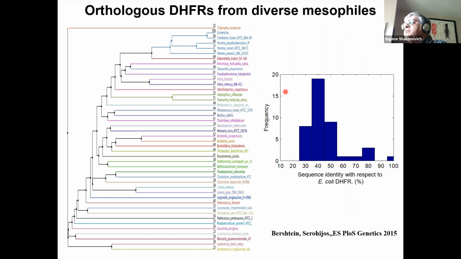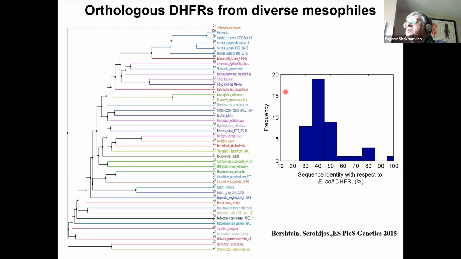And instead of introducing point mutations into wild type DHFR, we completely transplanted DHFRs from different organisms into the E. coli background, into the E. coli genome, in the hope that the variation of biophysical properties of these various DHFRs, which have various degrees of divergence from wild type E. coli, will allow us to have a broad variation, which will allow us to map a fitness landscape more precisely and more accurately. So that is the idea.